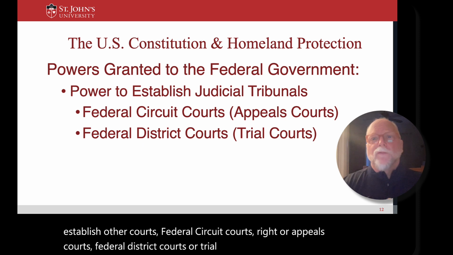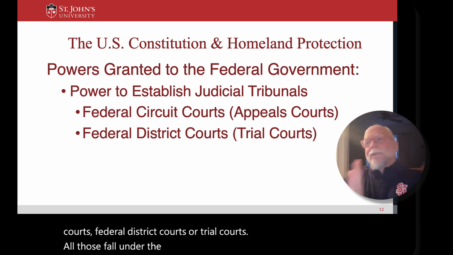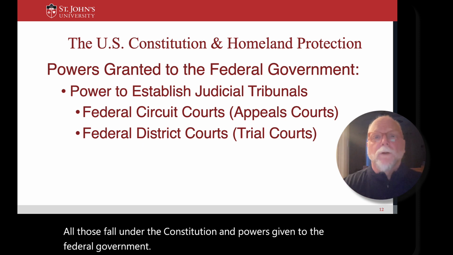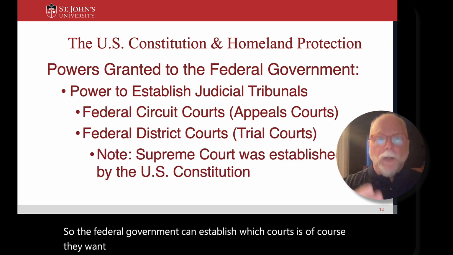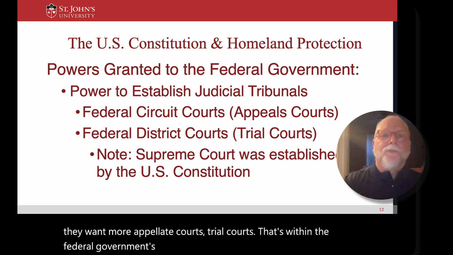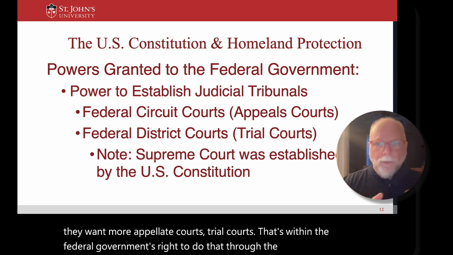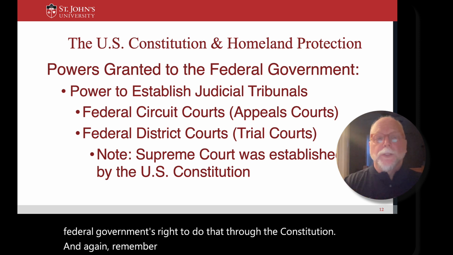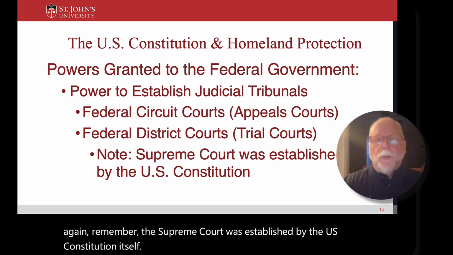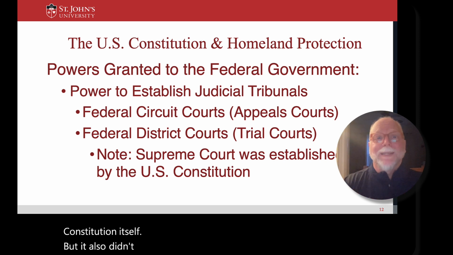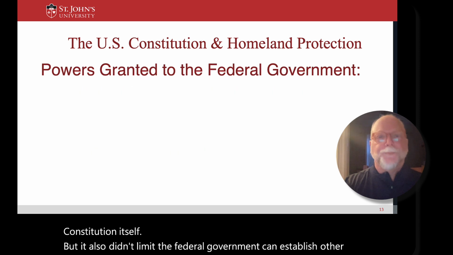All those fall under the Constitution and the powers given to the federal government. So the federal government can establish which courts it wants. If it wants more appellate courts or trial courts, that's within the federal government's right through the Constitution. And again, remember, the Supreme Court was established by the U.S. Constitution itself, but it also didn't limit the federal government from establishing other judicial tribunals.